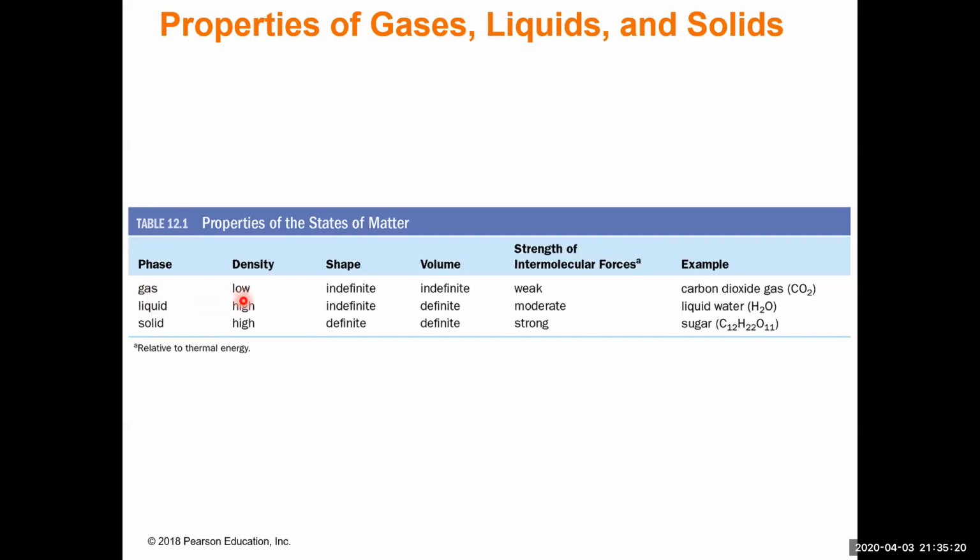So gases have a low density, an indefinite shape, an indefinite volume, and weak intermolecular forces, whereas the liquid phase has high density, an indefinite shape, a definite volume, and moderate strength of intermolecular forces. And solids have high density, definite shape, definite volume, and strong strength of intermolecular forces.